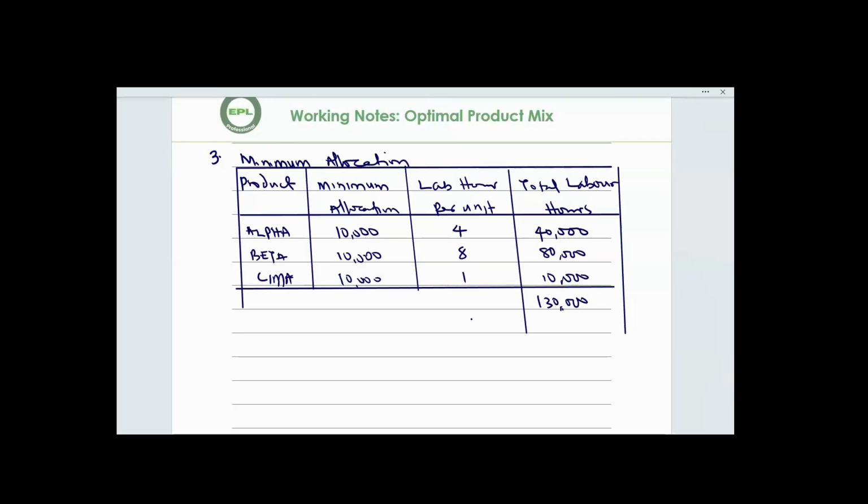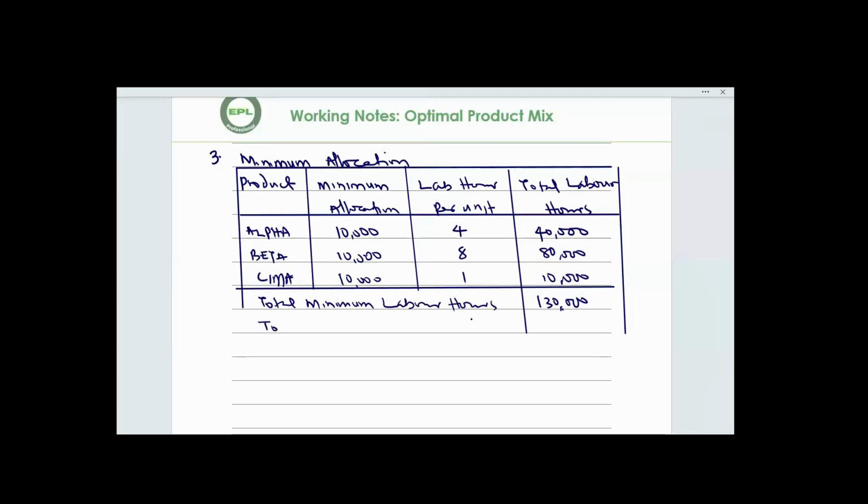Anytime there's minimum allocation, what we are trying to do in this step 3 is to determine how many hours will be required to produce the minimum allocation, so that the balance that you have is what you are going to reallocate out. So this is total minimum labor hours required to produce the 10,000 units.